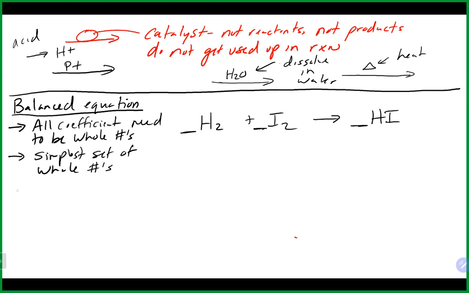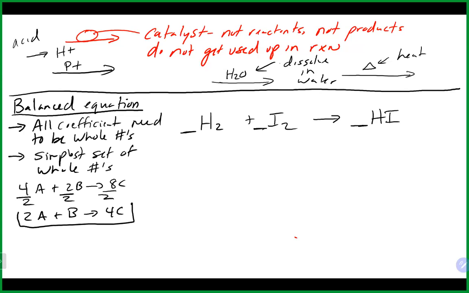So what I mean by that is if you balance the equation like 4A plus 2B goes to 8C, and that was balanced, you could go through all those coefficients and divide by 2. So you should do that, and that would give you the properly balanced equation. So it is possible, depending on what numbers you look at, that you may be able to balance everything with larger numbers. But if you can go through all the coefficients and reduce them down by dividing by a common number, then you should do that.